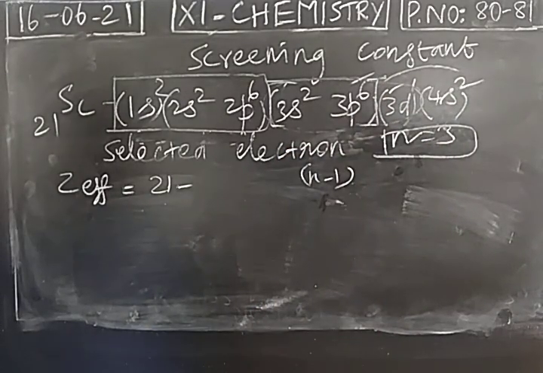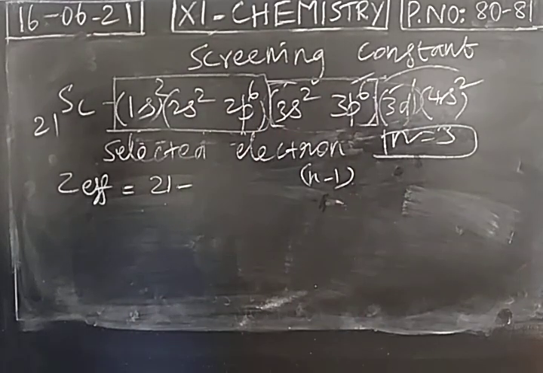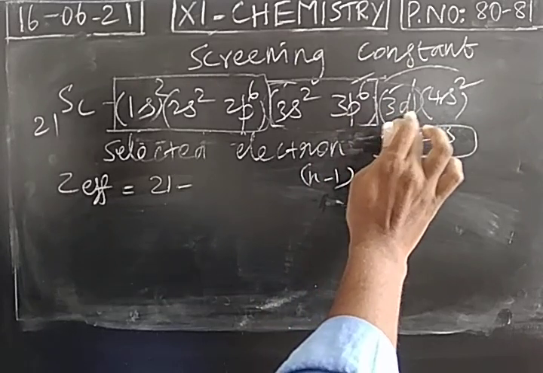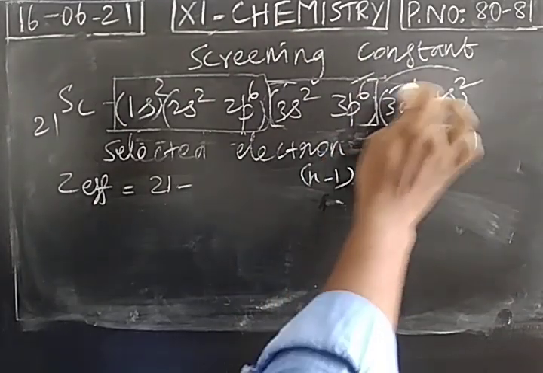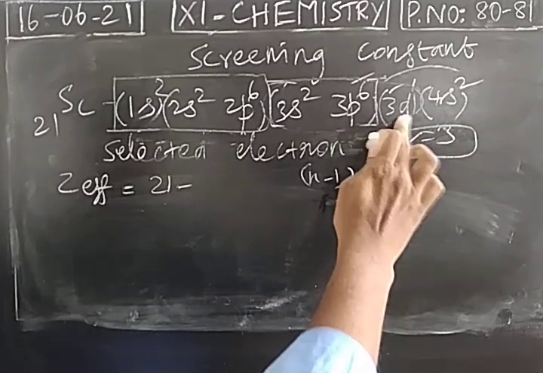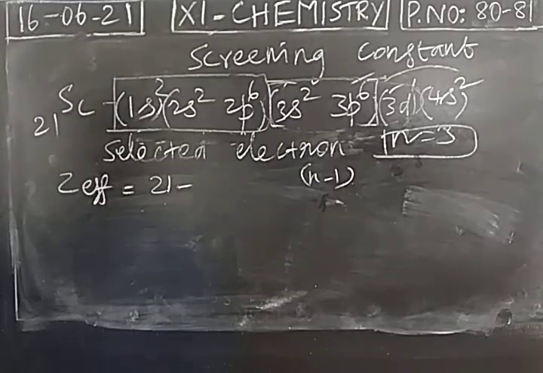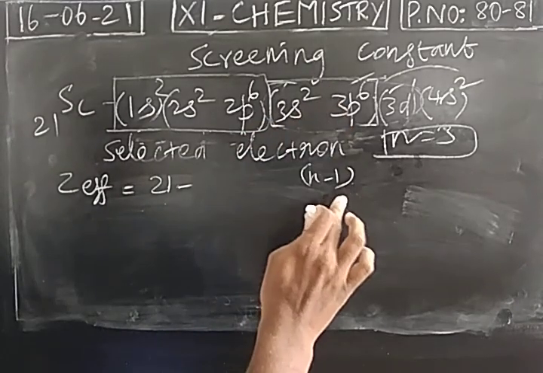Selecting an s electron or p electron will not disturb this finding of n minus 1 cell or n minus 2 cell. But when we select a d electron, this 3d has a separate group. So nth cell is actually this one. Even though these are all in the third cell, it is considered as n minus 1 cell.